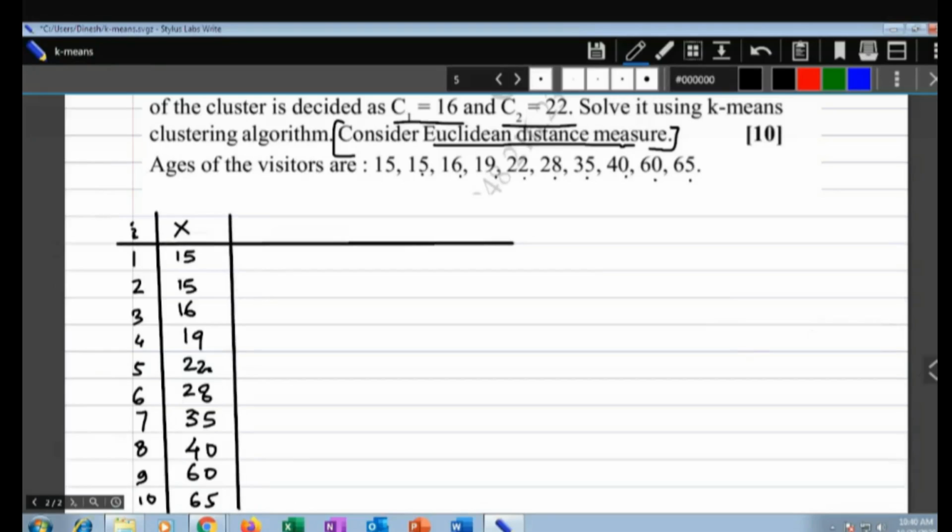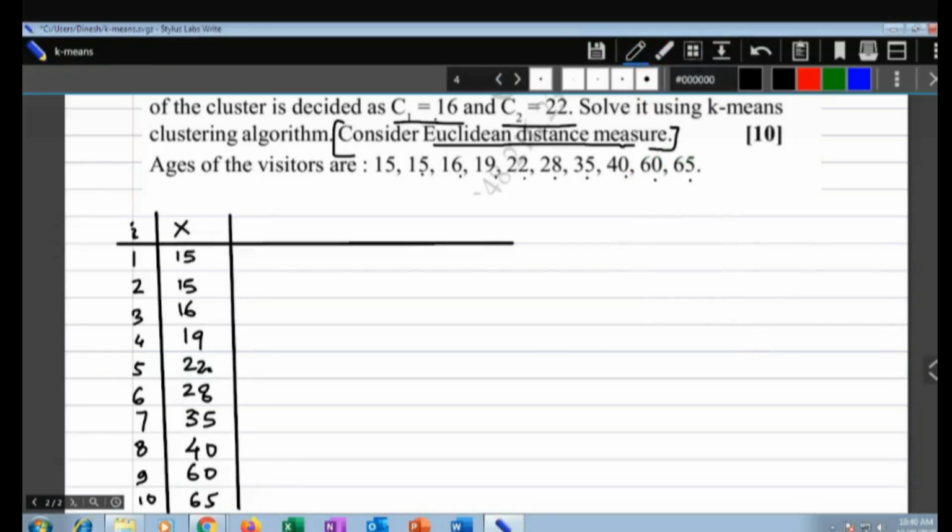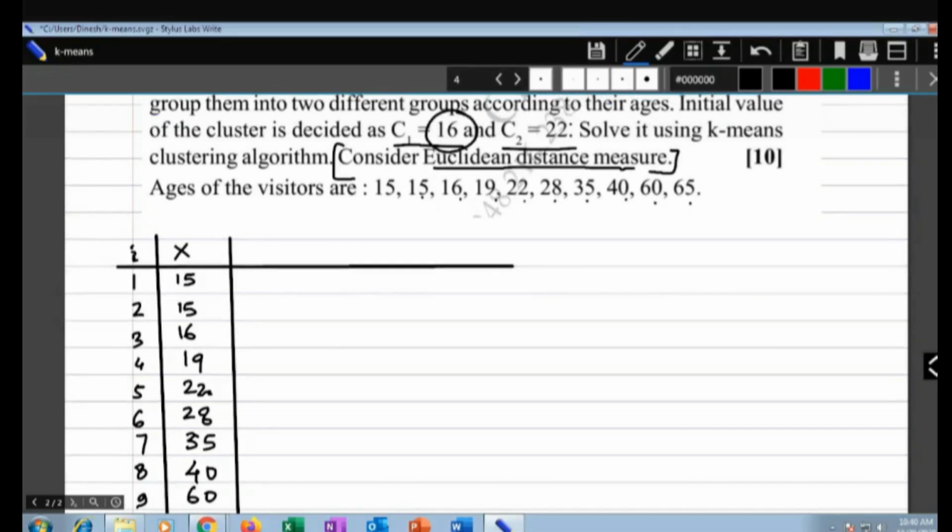Now you are also given the initial cluster values. Cluster 1 has value 16 and cluster 2 has value 22. So M1 is equal to 16 and M2 is equal to 22.